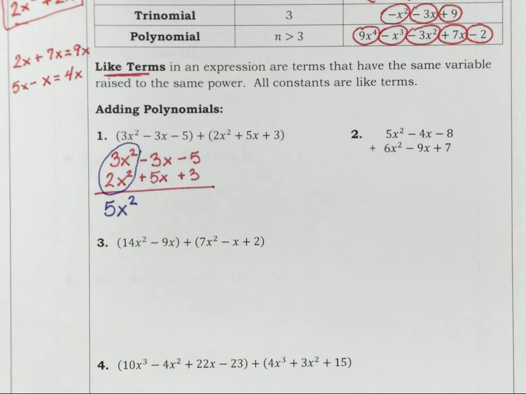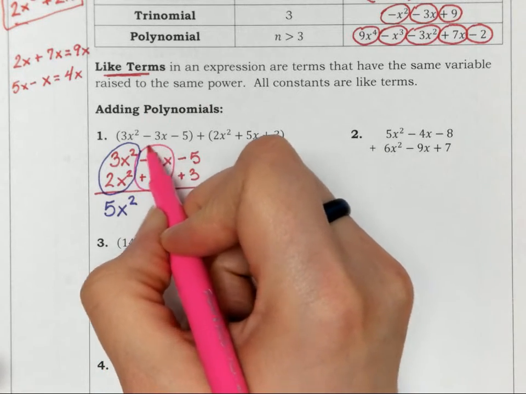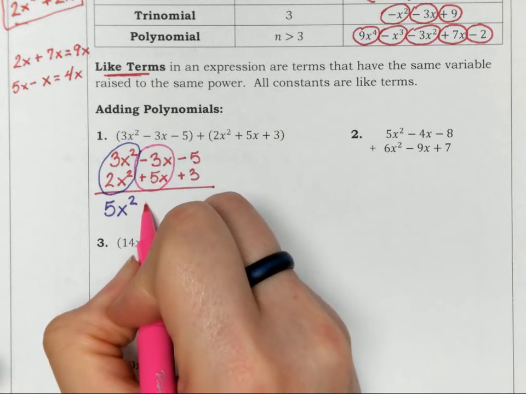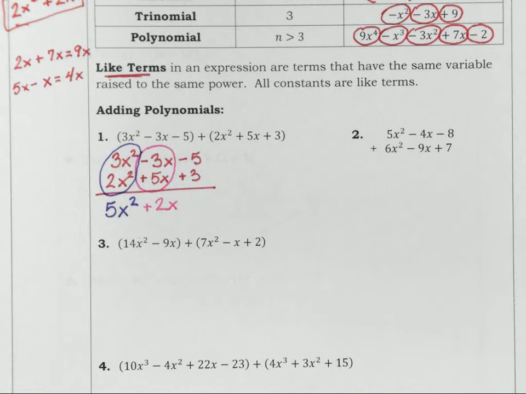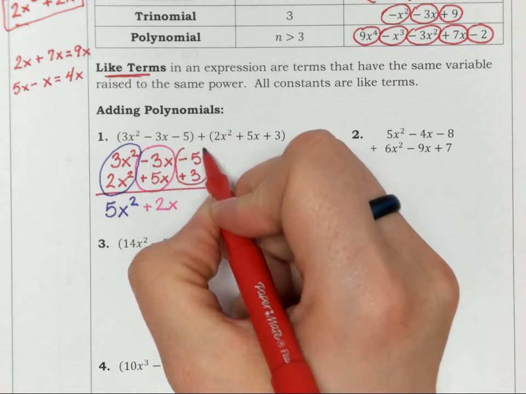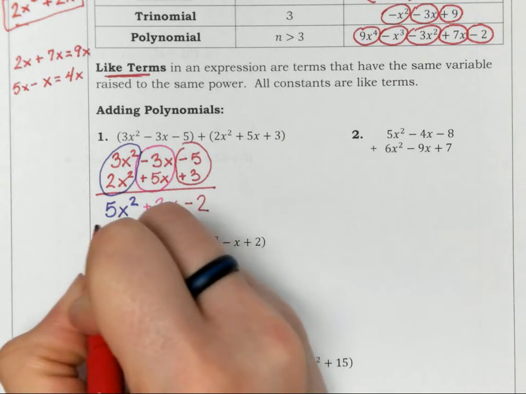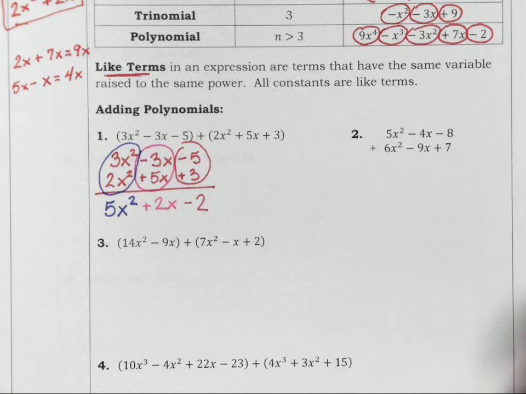And then I have a negative x and a positive 5x, which gives me positive 2x. And then the last part is negative 5 and positive 3, which gives me negative 2. And then this is my answer. I just simplify the expression.